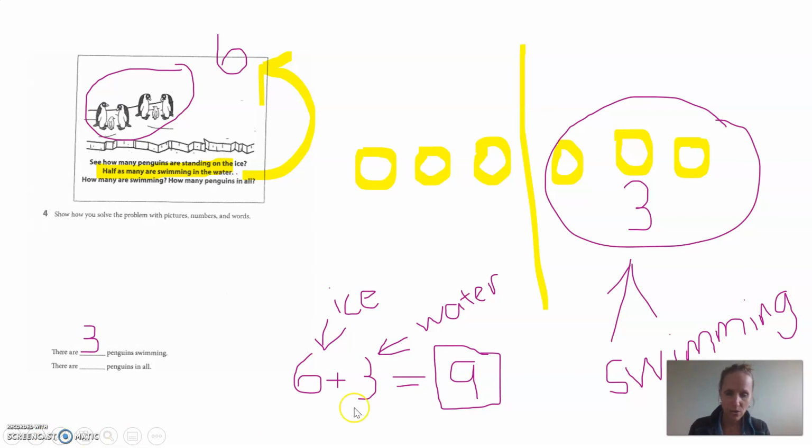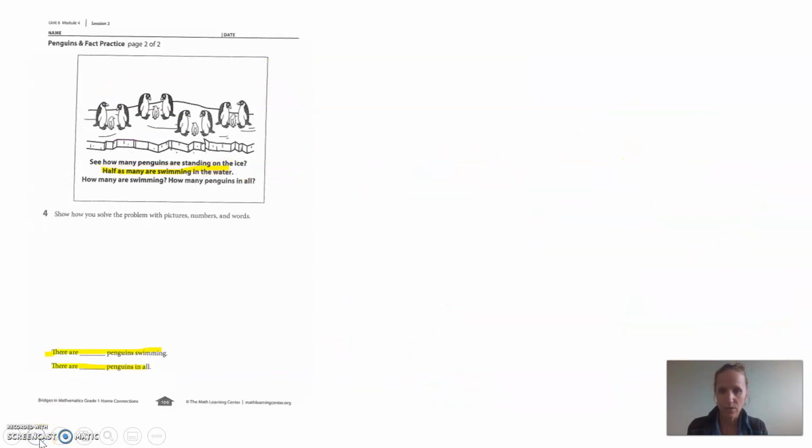So I showed my thinking with an equation, and I boxed my answer, and I need to make sure that I now put it on the line. Okay, so this is your problem on page 100. You can approach it the same way I did to show your thinking, or you might have a different way as well.